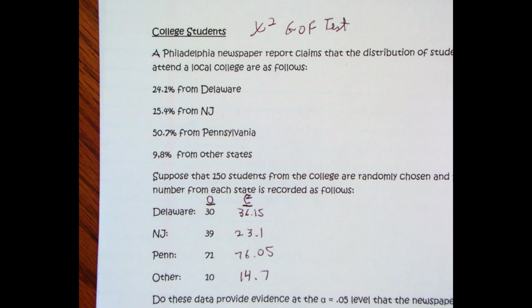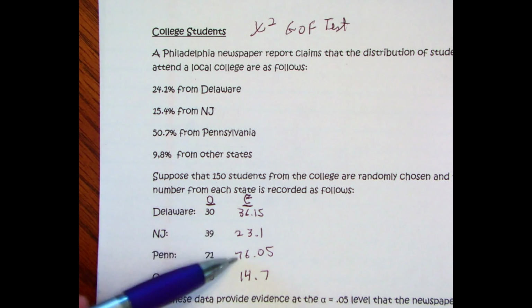If you put a decimal in, your calculator is going to get really upset at you, and you're going to wind up getting errors, and you're going to be like, I don't understand what's going on. We do leave the expected values as decimals for accuracy's sake. So just keep that in mind. And then the last thing is that all of our expected values, our ECFs, are at least 5.